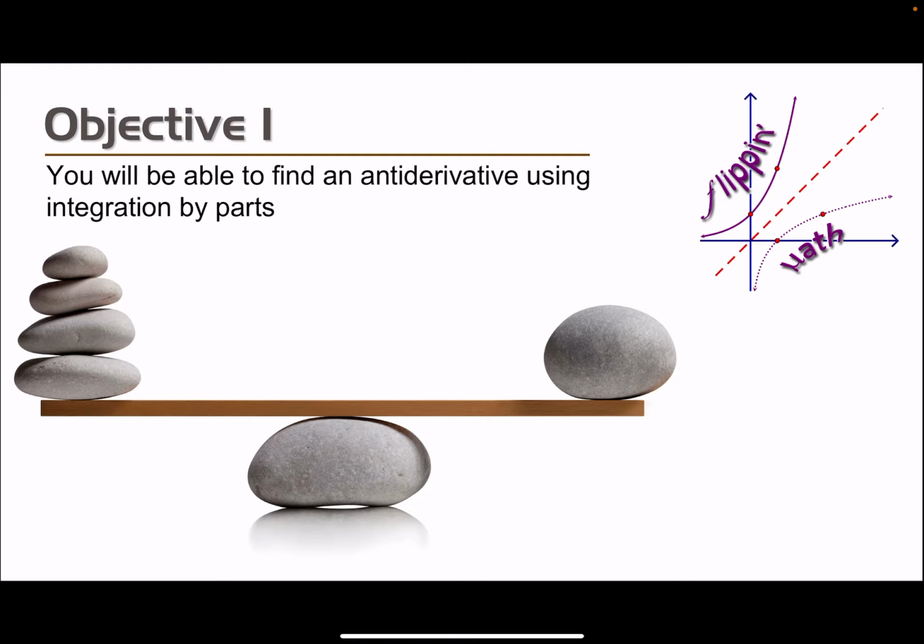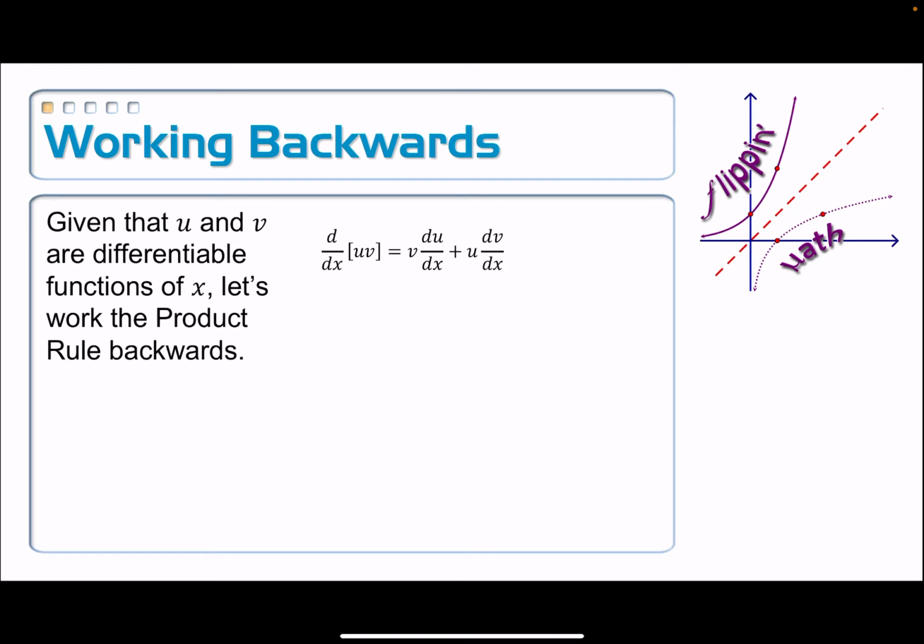All right, so let's rewind that process of using the product rule. I have that Leibniz notation, and the first step is to get rid of those dx's. We've got dx's on both sides of this equation, so let's multiply by dx. Boom, they're gone. Now I want to undo the derivative process, so I need to take the antiderivative of both sides. We're going to integrate both sides.